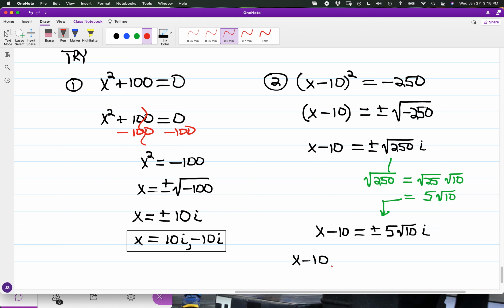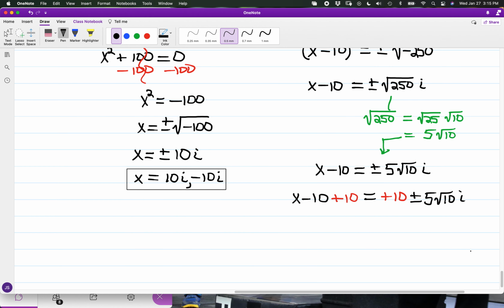Again, for isolating x, if I add 10 to both sides, we have x equal to 10 plus or minus 5 times the square root of 10 times i.